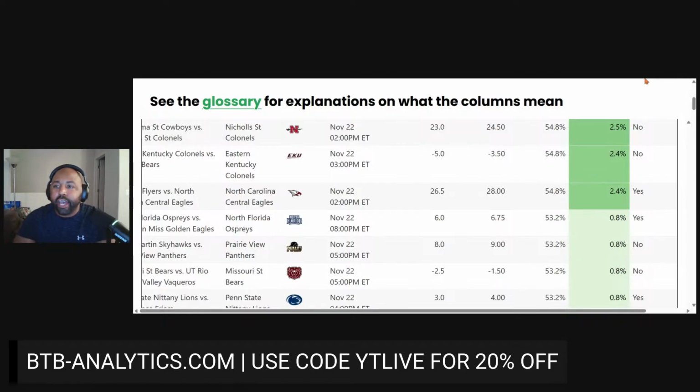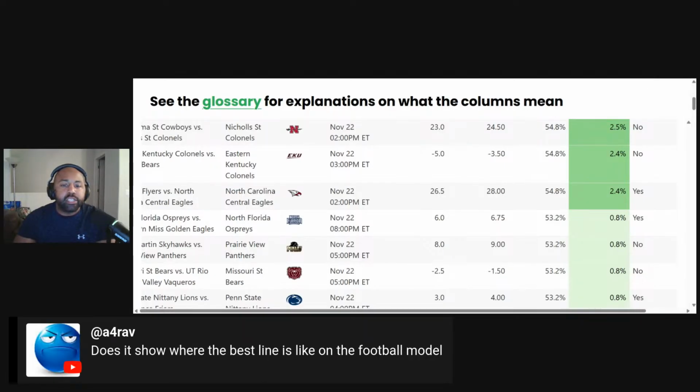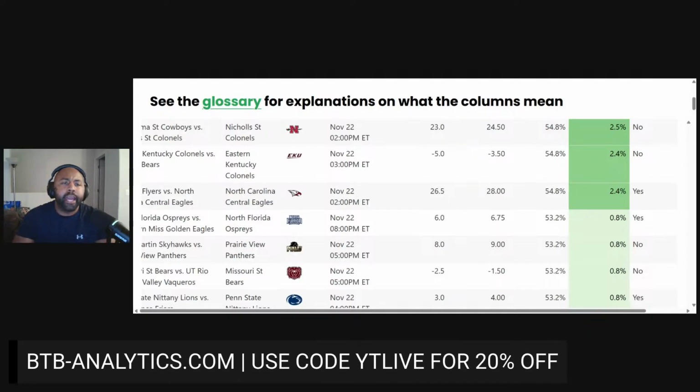We got some questions in the chat. Does it show where the best line is, like on the football model? On our football package, we do a very similar thing where we take all the lines and show where the best one is. We try to do this for this one as well. The problem we run into is that there's just so much movement and back and forth in basketball, unlike football, because it's all in one day.